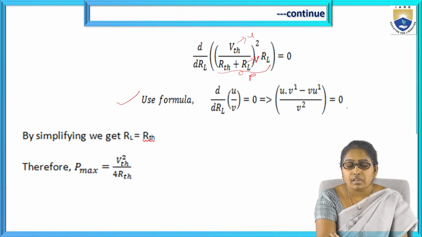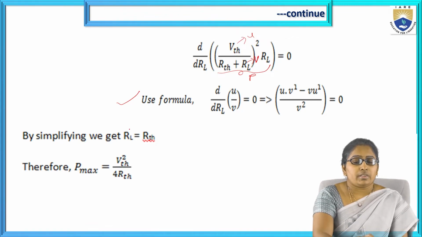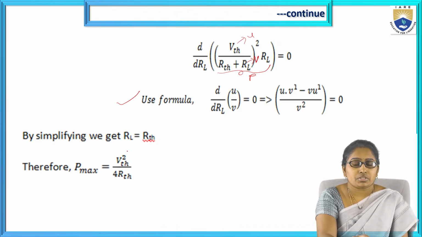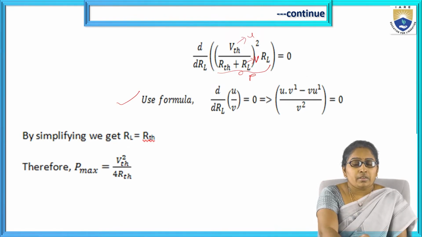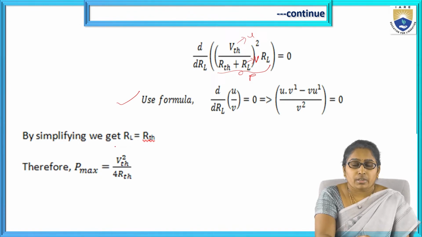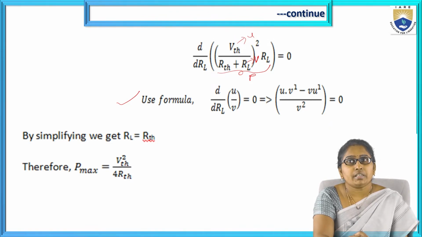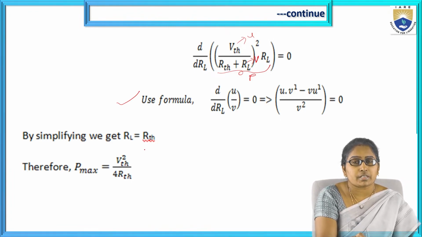After simplifying, equate it to 0. Finally, this is the one we get: RL is equal to RTH. Okay, so that is how we get the condition, whatever the statement says, that is how it is obtained. RL is equal to RTH.